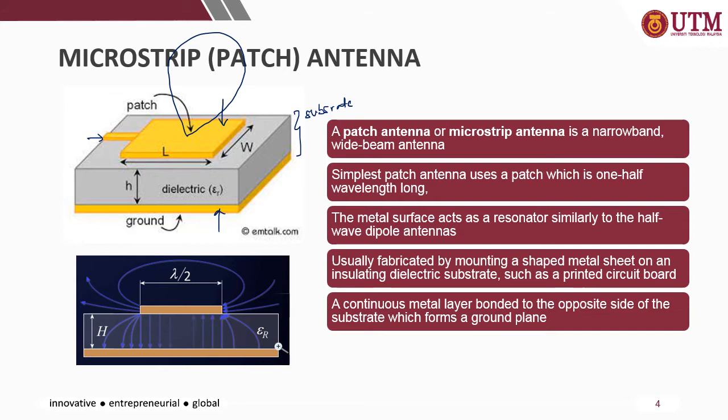The simplest patch is half a wavelength long, so the typical length is lambda over 2, so it acts as a half wavelength dipole antenna. In fabrication, as mentioned earlier, the patch is the shape of the metal mounted on the dielectric substrate, and it's backed by a continuous metal bonded to the opposite side of the substrate, which forms a ground plane.